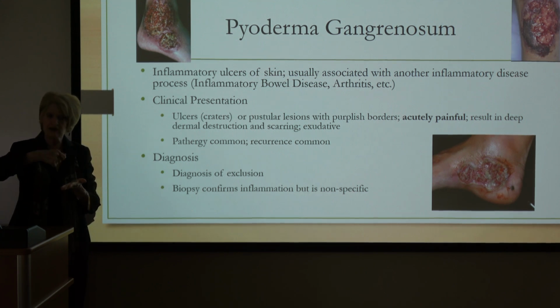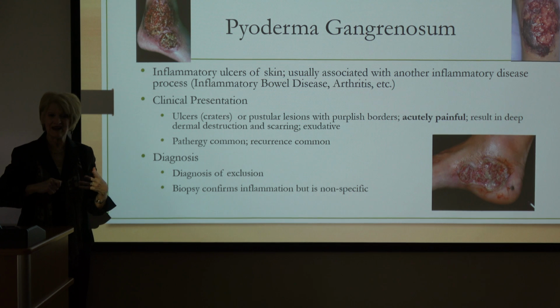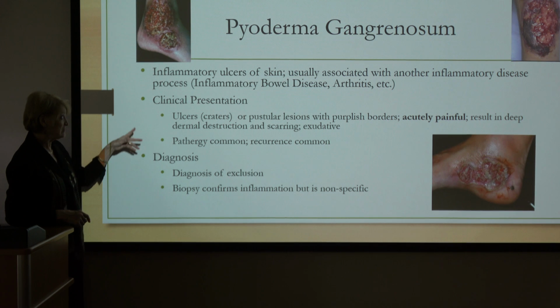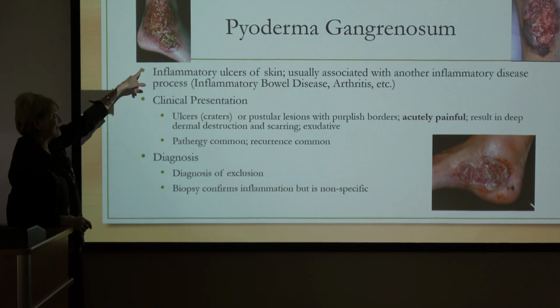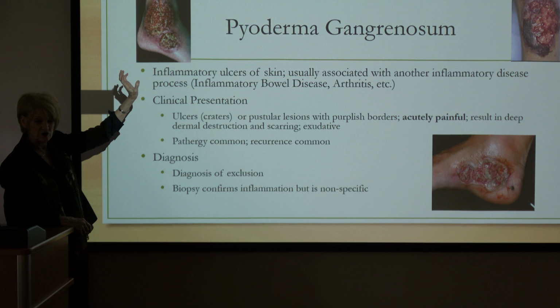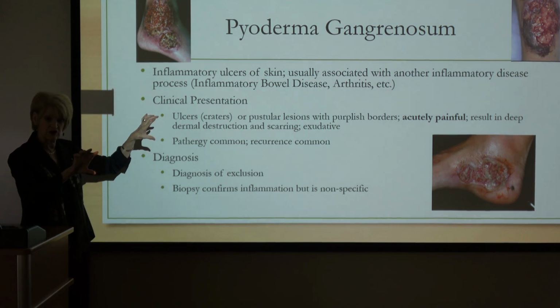So I'm trying to clean up the wound, but in so doing, I'm traumatizing the wound surface. I might come back and find that the patient's pain level is much worse and that there's marked extension of the ulcerative process. These wounds tend to extend. You might start with one, then you might have two or three. You might start with a small one that becomes much larger.